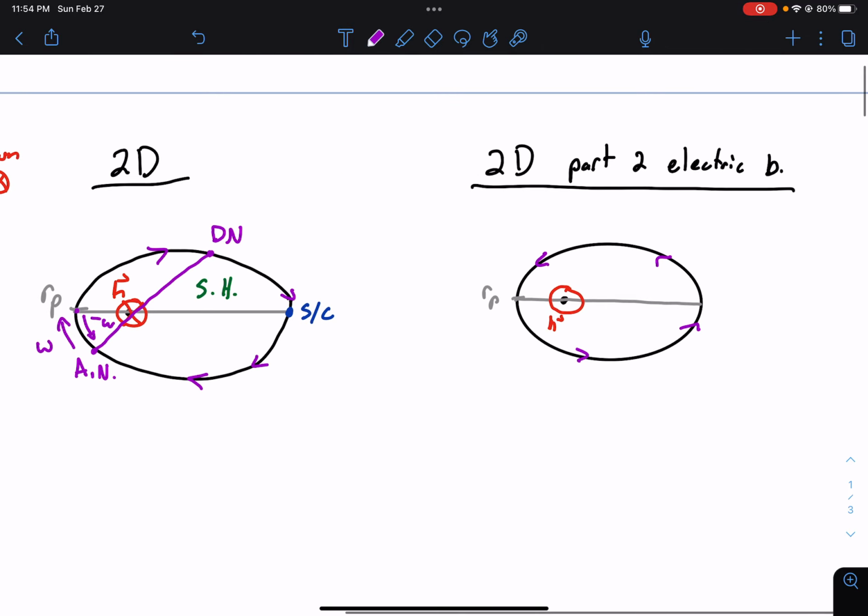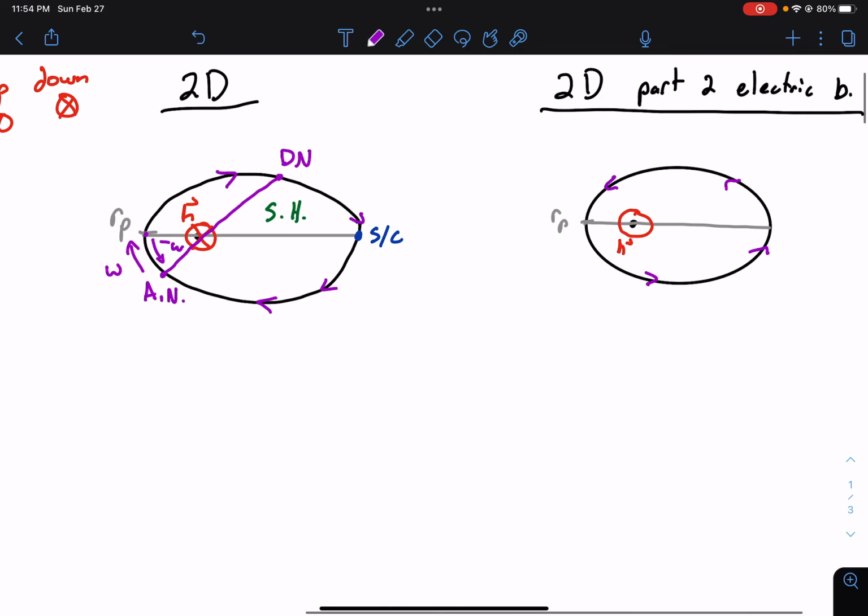Notice on this side, we've defined it this way, looking up at it. However, if we look at it from the bottom side of this orbit, you'll find that it looks something like this, where it's the negative omega going in the opposite direction.